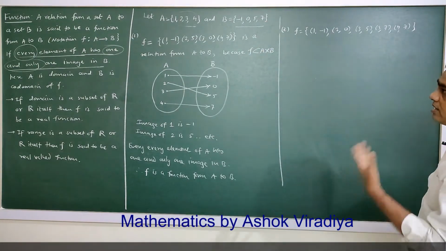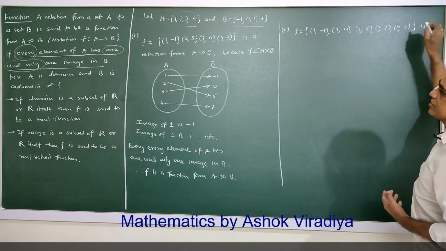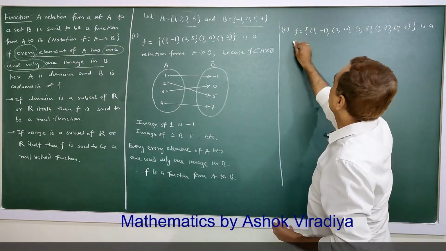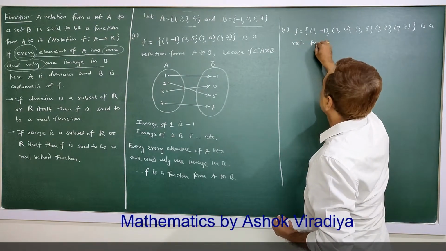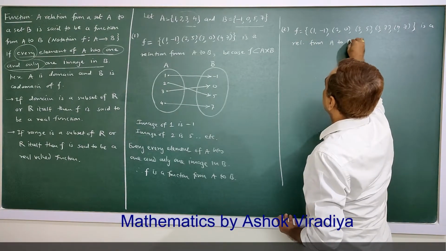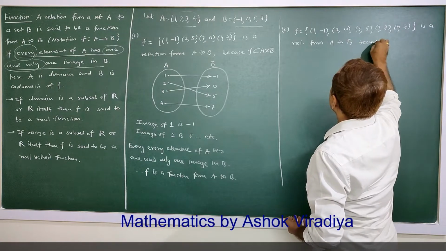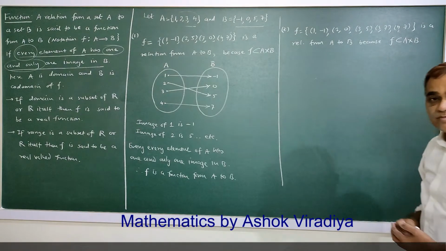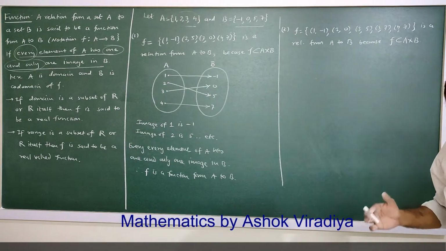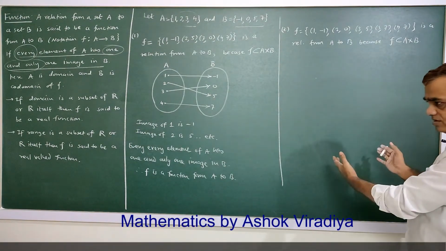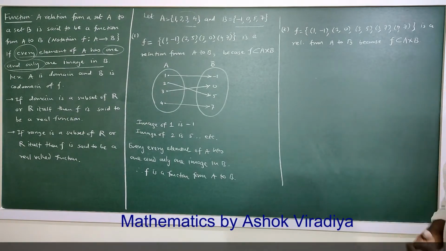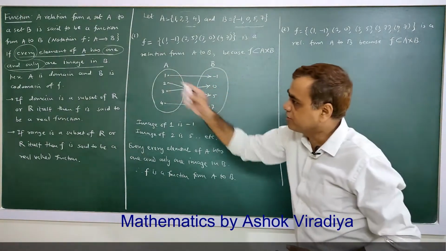So it is a subset of A cross B. So it is a relation from A to B because F is a subset of A cross B. Now let us check whether this relation is a function. For that we have to check these conditions.